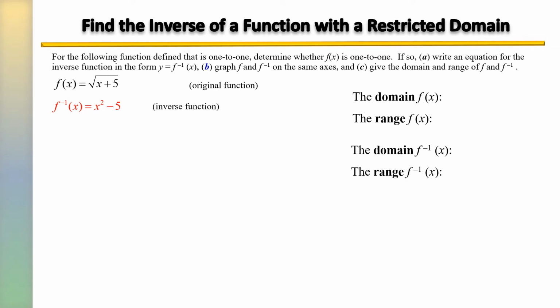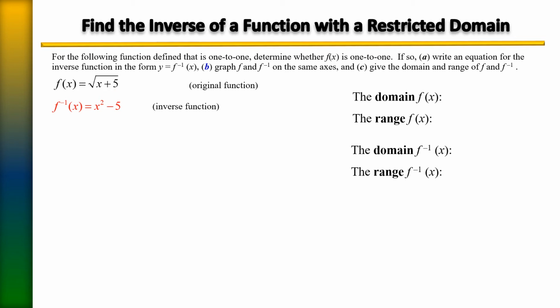We're going to graph both the function and its inverse on the same axis, and then we're going to give the domain and range of each. Starting with the function, it is nothing more than the square root function that has been shifted 5 units to the left horizontally.